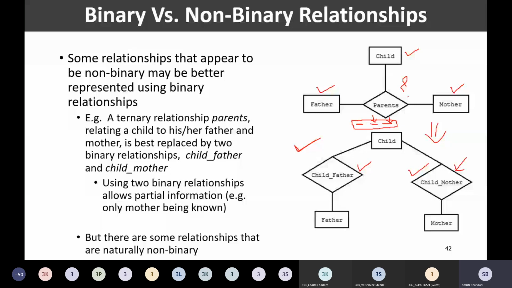And simultaneously, I am saying that in certain applications, it is not possible to convert the non-binary relationships efficiently into binary relationships, because naturally these non-binary relationships are giving us more insight about the data, and that is why sometimes, depending on the application, we may go with the non-binary relationships.